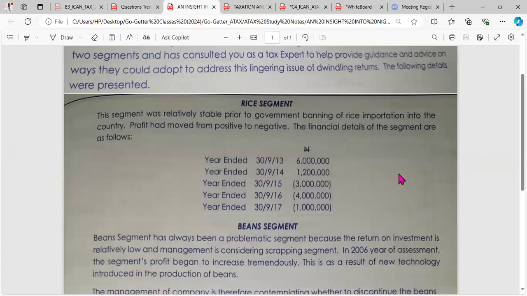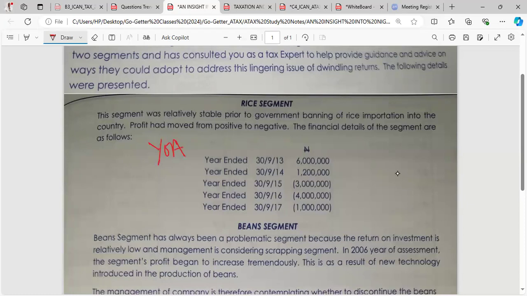So what we'll do here is we'll look at the year of assessment. Let me change this color to something brighter that will be seen. Year of assessment.